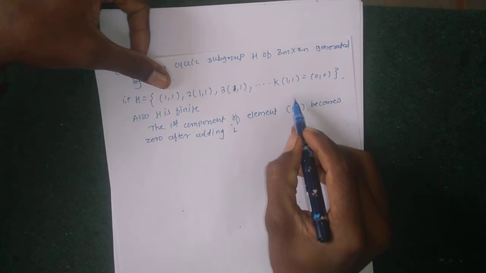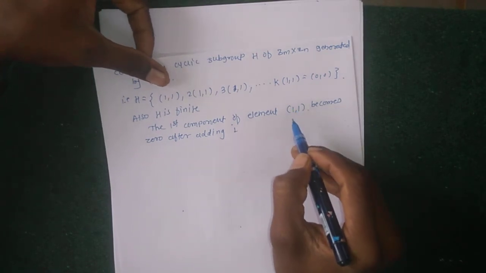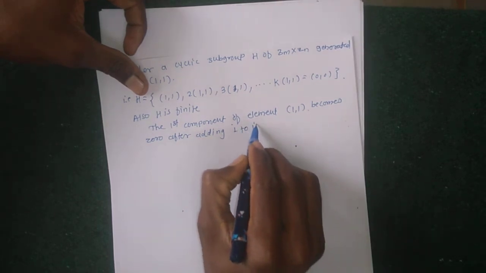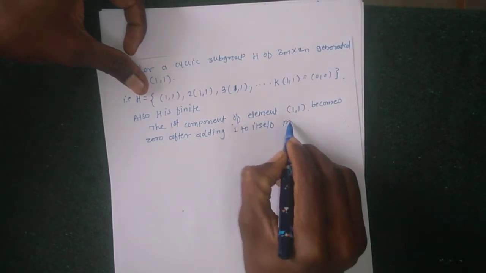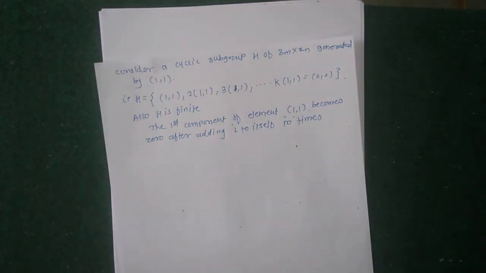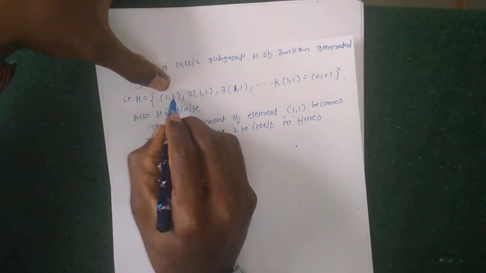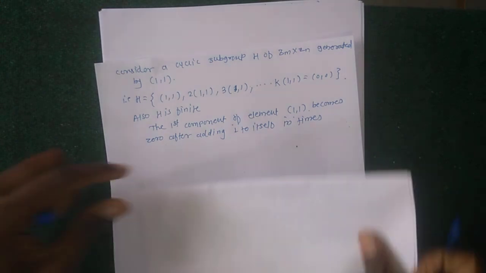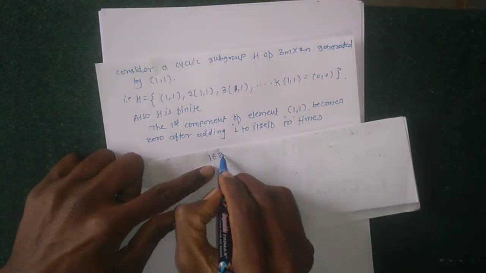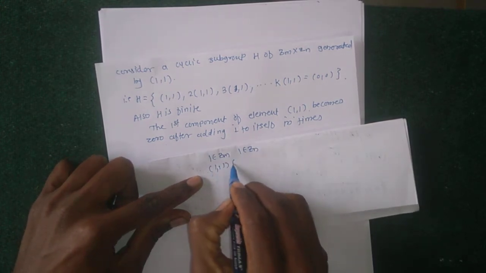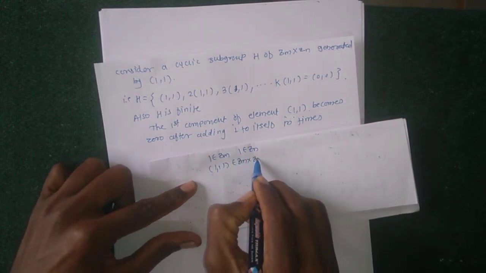The first component is 0 after adding 1 to itself m times. Why is this 0 when adding 1 m times? Because 1 belongs to Zm and 1 belongs to Zn, and the ordered pair (1, 1) belongs to Zm cross Zn.